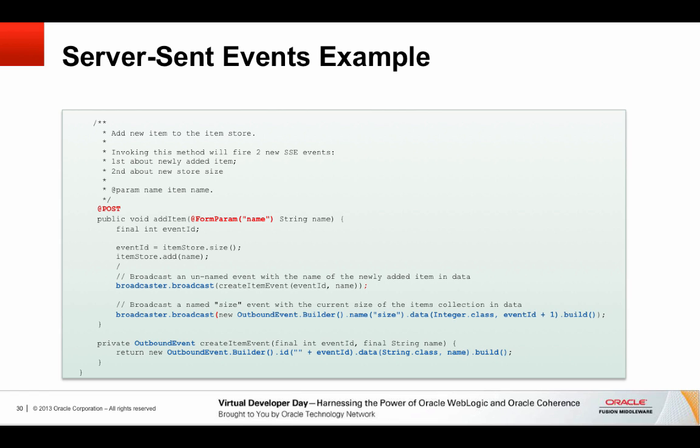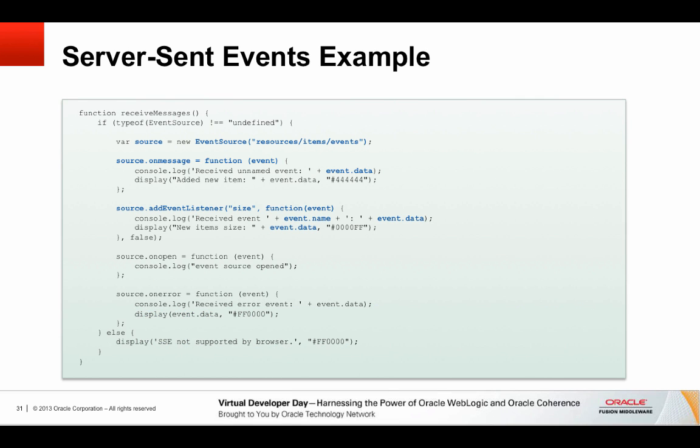The first one is an unnamed event, just basically to say, here's the new item that was added. And then I create a specialized named event type called size that I send back to my clients. And with the name on an event, clients working with the JavaScript EventSource in my browsers can subscribe and listen to specific event types.